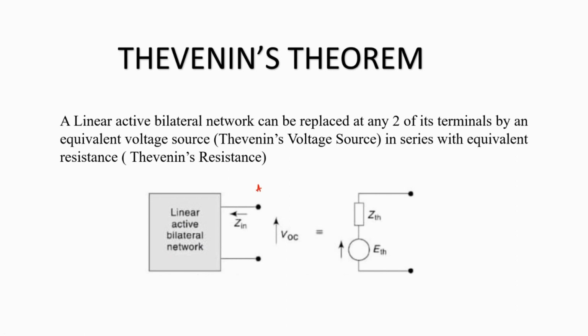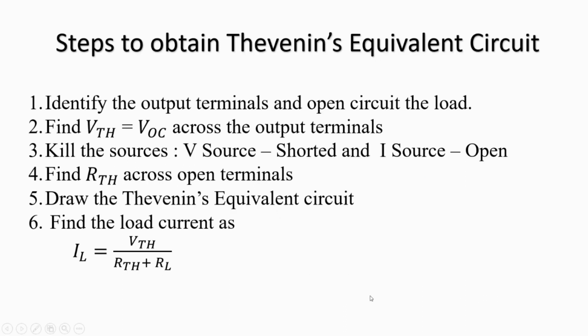Let me call them A and B. So if I have some load connected over here, I can replace this linear active bilateral network using a voltage source and a resistor in series with the voltage source, both of which put together are going to represent this linear active bilateral network. And the terminals A and B are going to remain as such, across which the load is going to be there. So let us look at the steps that are involved so that we can obtain the Thevenin's equivalent circuit.